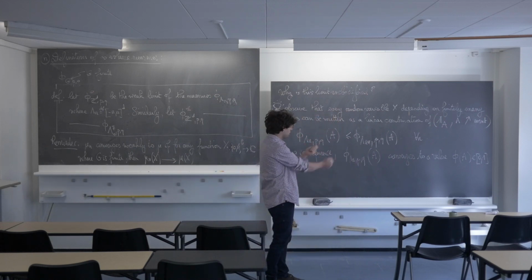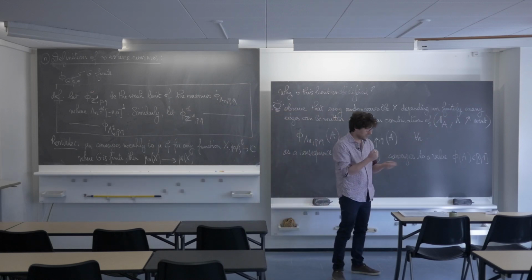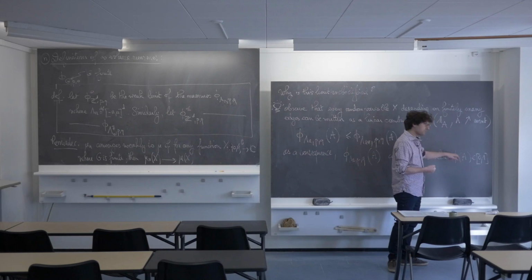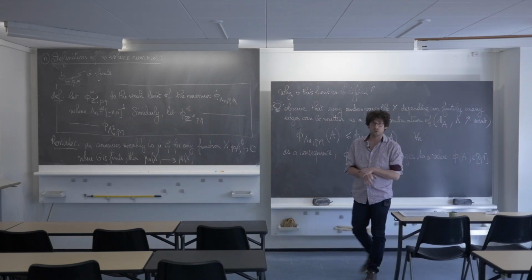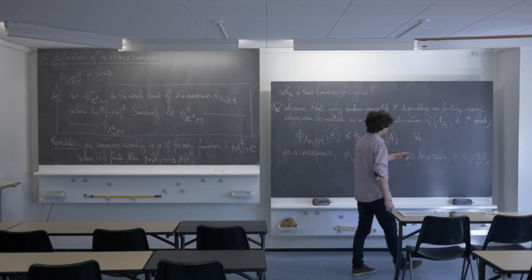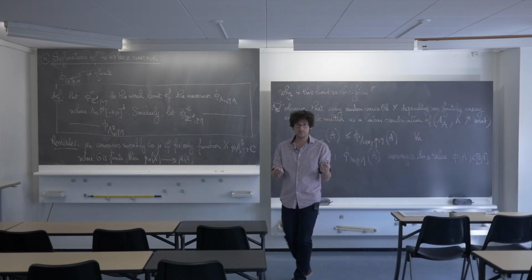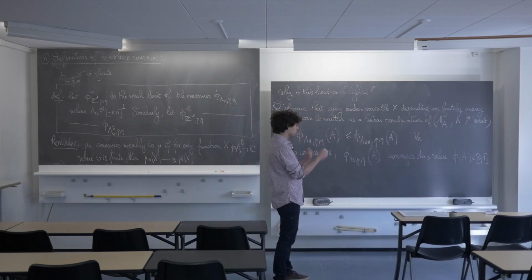For that, you need to check that the phi defined like that, which is a perfectly fine function on increasing events, is a measure. So the first thing you need to prove is to define phi on any event, and you do that by linear combinations. And then you need to check that phi is indeed a measure.